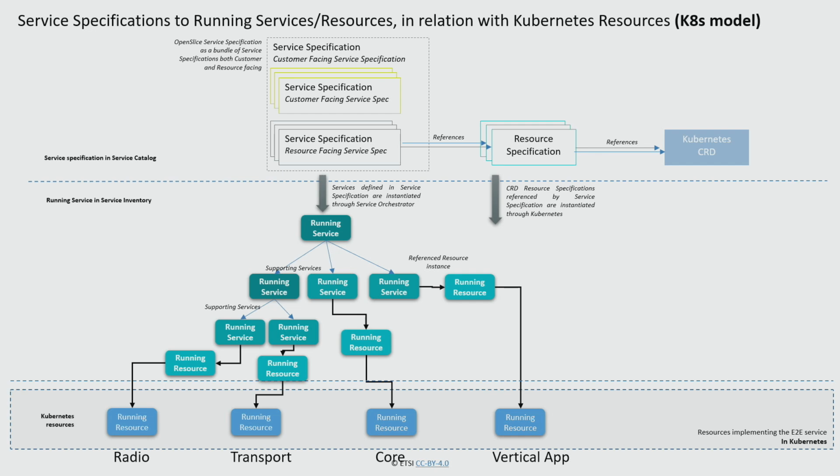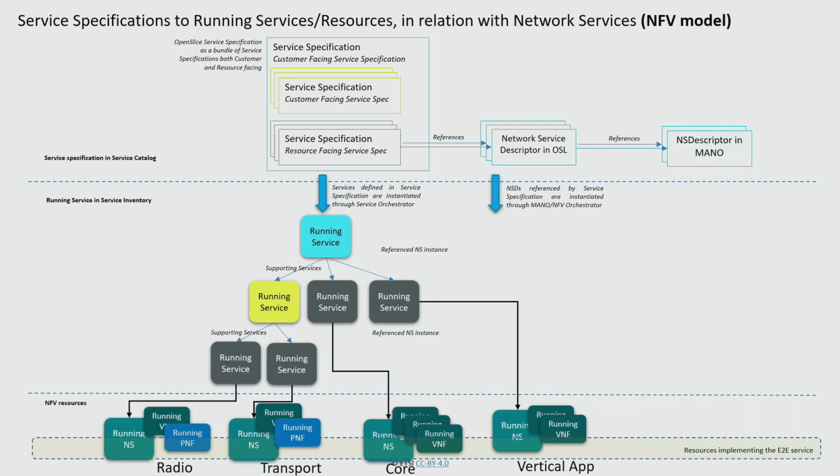So when this specification is ordered, then the running instance of the respective service is created as shown in this schema. The respective hierarchy of specifications is followed by the services, and as you can see, running resources are created in the TMF world that map one-to-one to Kubernetes resources.